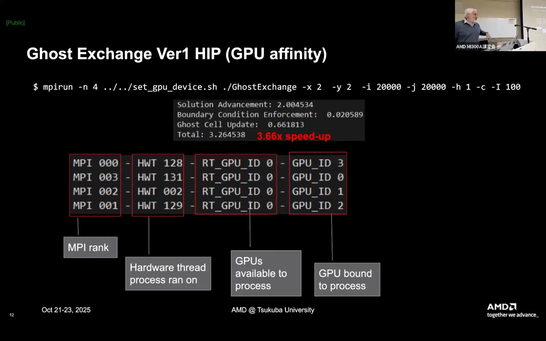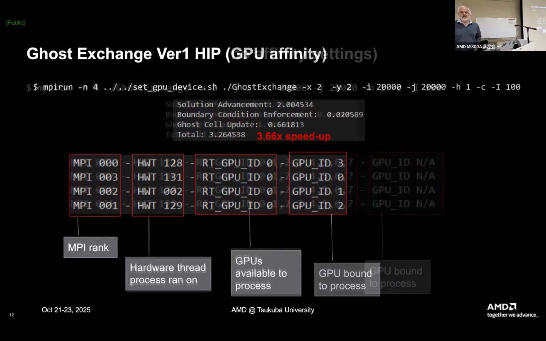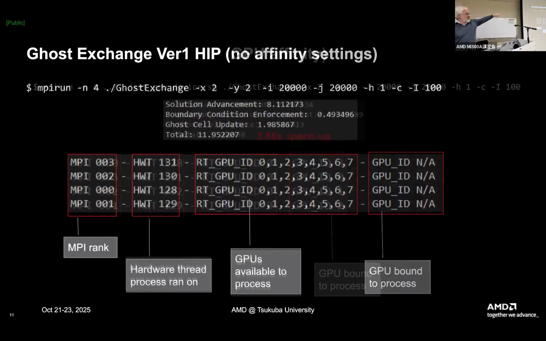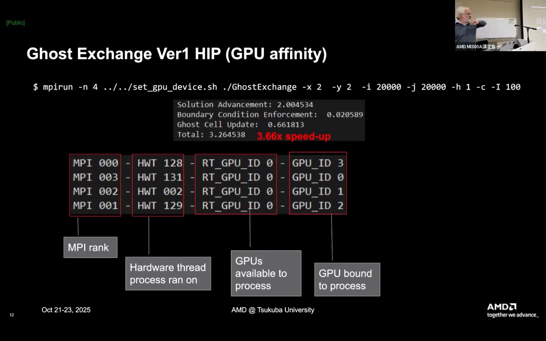Right, and there's additional steps if you want to pin the MPI ranks closest to the GPU. That's partly in this set GPU device script. But there's a lot of details to set affinity really well on the system. So we aren't doing the affinity talk where we go through MPI, OpenMP threads, how to pin that for best performance, but it can make a big difference.